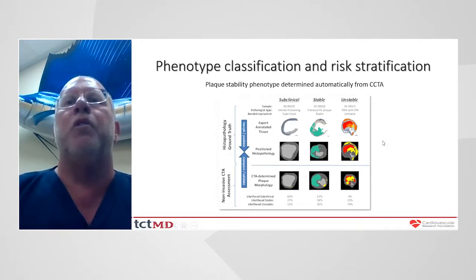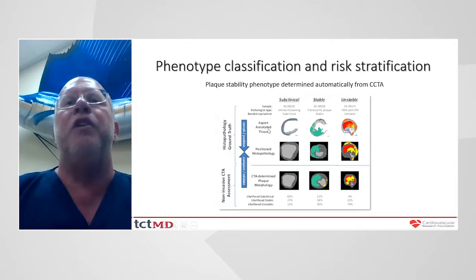So this is the histopathology expert annotated for the tissue components. Here's the example of a more fibrospecific plaque, which would be considered more stable. And here, like a bad player, thin cap fibroatheroma with intraplaque hemorrhage coded here in red.